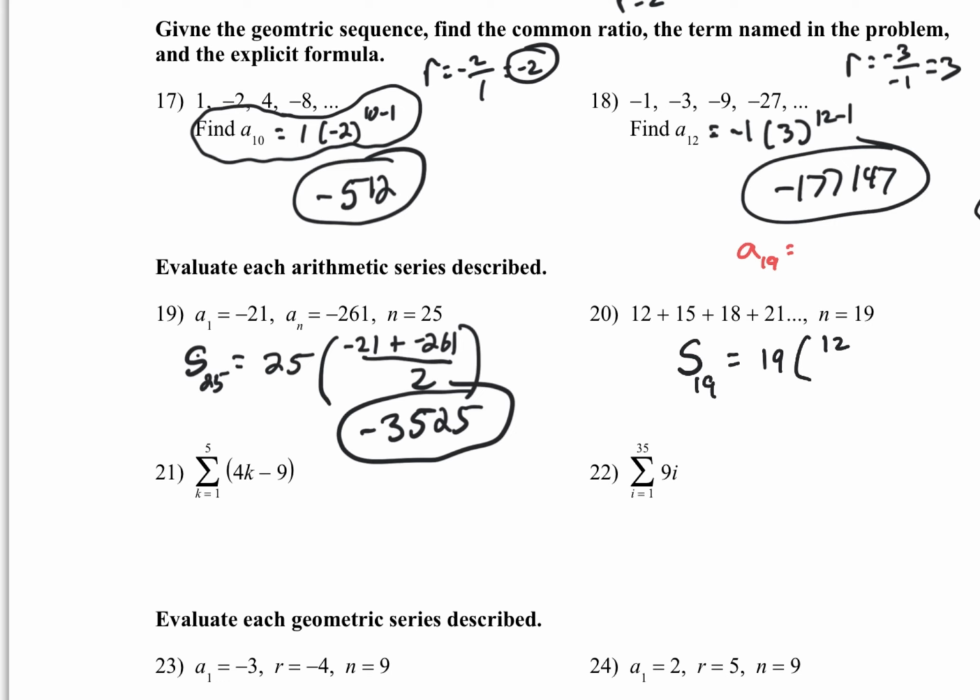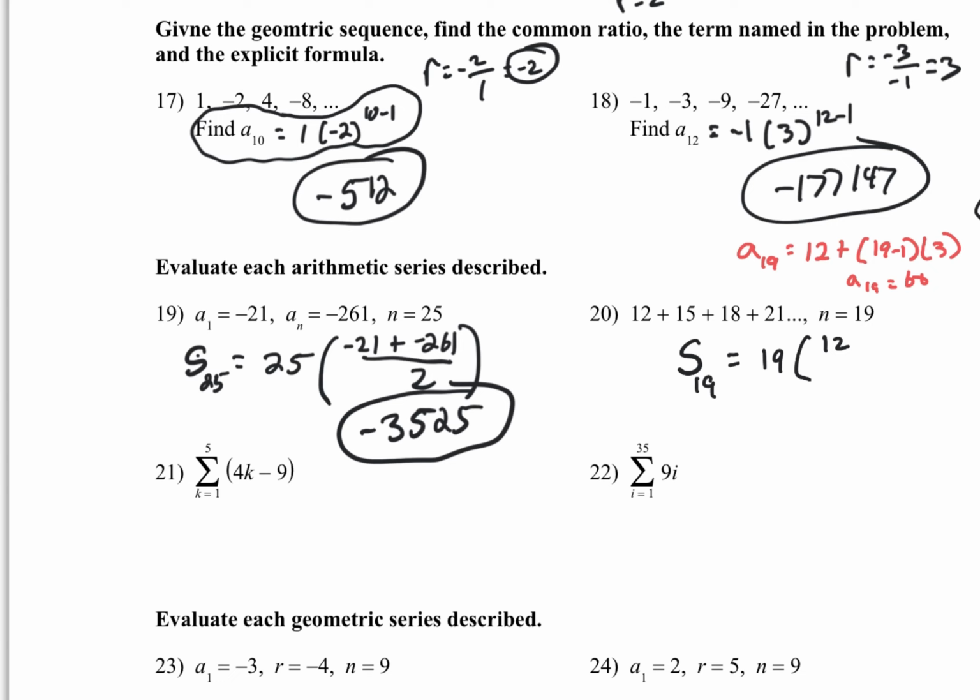So that's a of 1, which is 12. So we have to find a of 19. So that's 12 plus my n value minus 1 times the difference, and the difference is 3. So that's 12 plus 18 times 3. So our 19th term is 66.